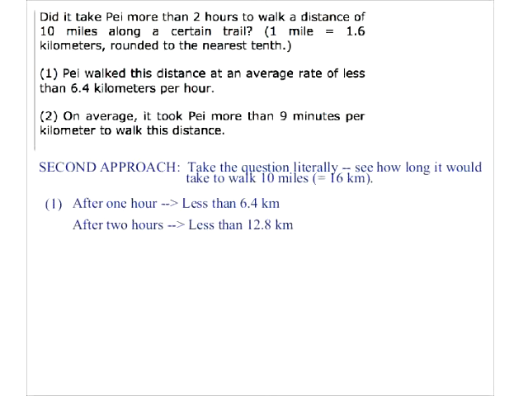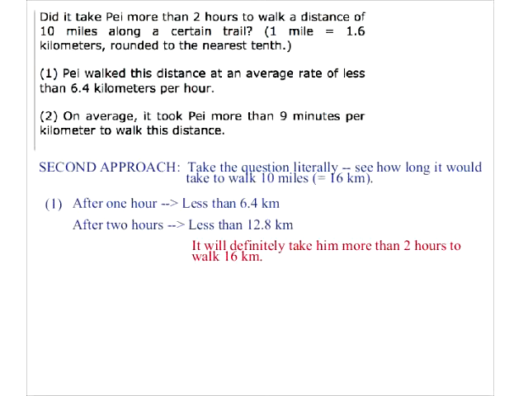So there's our answer. It will definitely take him more than 2 hours to walk 16 kilometers, because in 2 hours the most that he can cover is that. You can just figure that out based on hours.